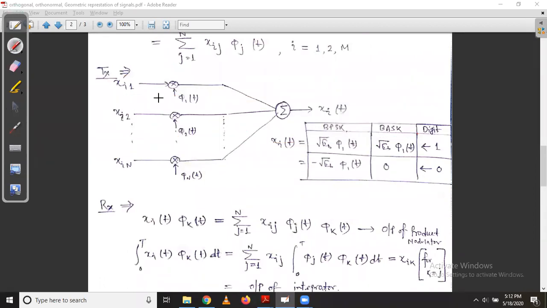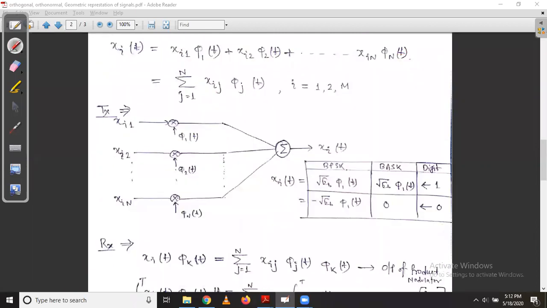What is going on here? From this expression, x_i1 is multiplied by phi 1, x_i2 is multiplied by phi 2, similarly x_iN is multiplied by phi N. These multiplications are product modulators. Add them all and we get x_i(t). That is the process of modulation.